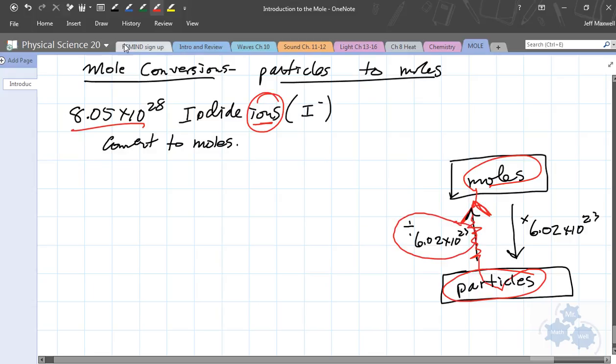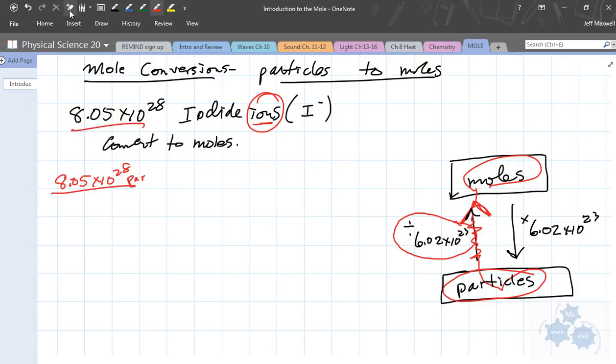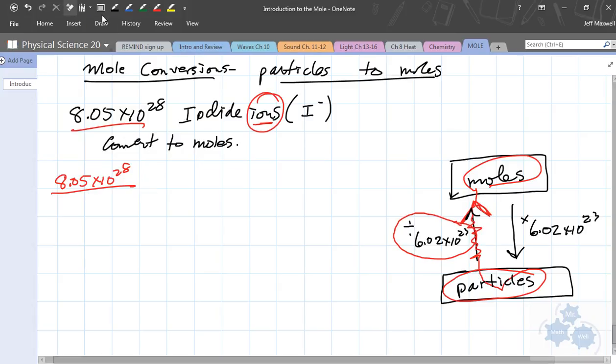Really easy. So my solution, 8.05 times 10 to the 28. You divide. Now that is particles, right? Now instead of writing particles, actually I'm going to let you just do RP. And what that is, representative particles. You'll hear me say that. So RP means representative particles.